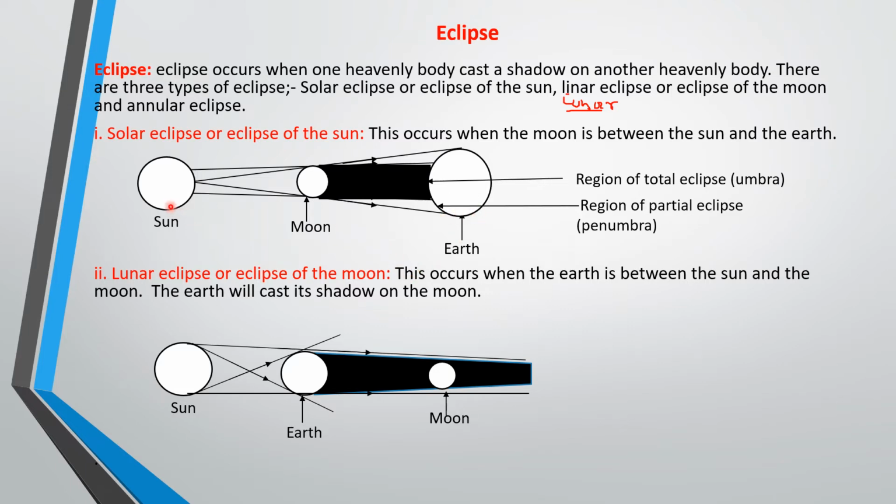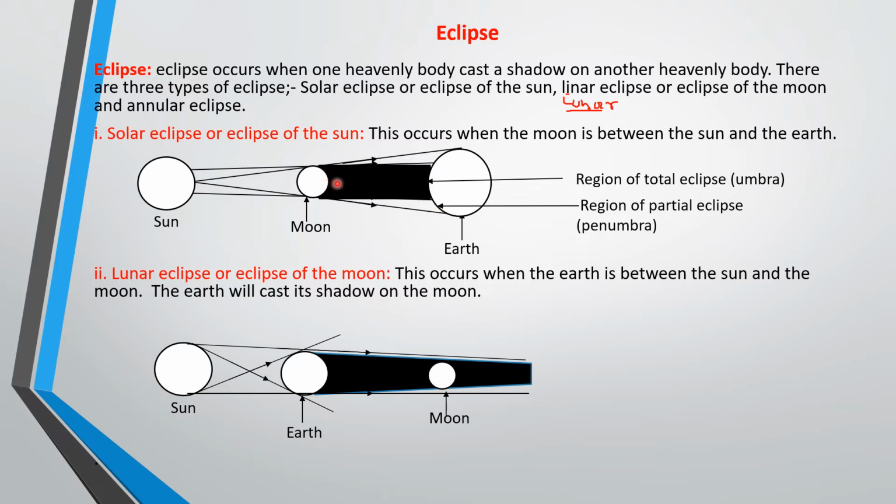So this is eclipse of the sun. The solar eclipse occurs when the moon is between the sun and the earth, and then the shadow of the moon is cast on one section of the earth. So people within this region will be in total darkness, while people within this region and this region will have penumbra.